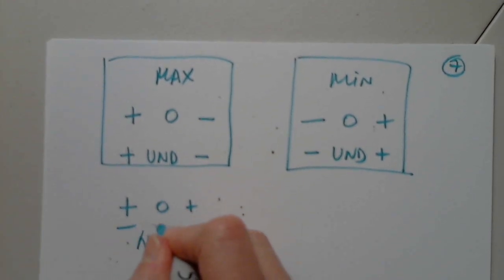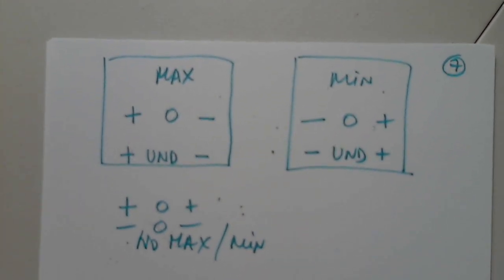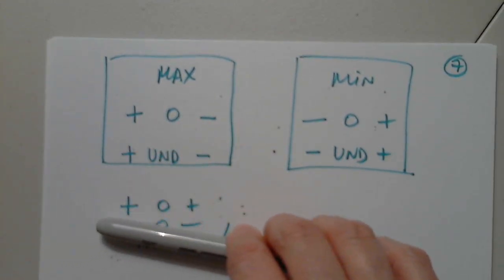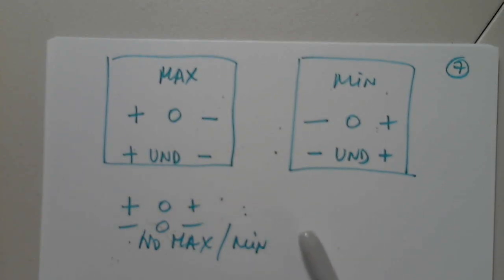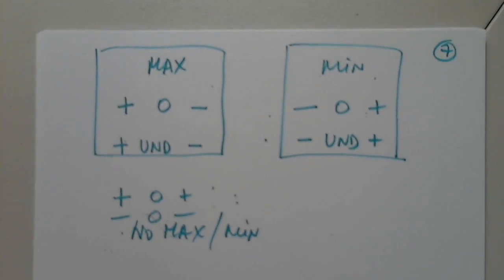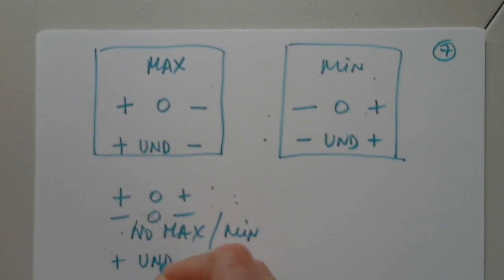What about negative, 0, negative? Is there a max or min? Anyone? No. What about positive, undefined, positive?